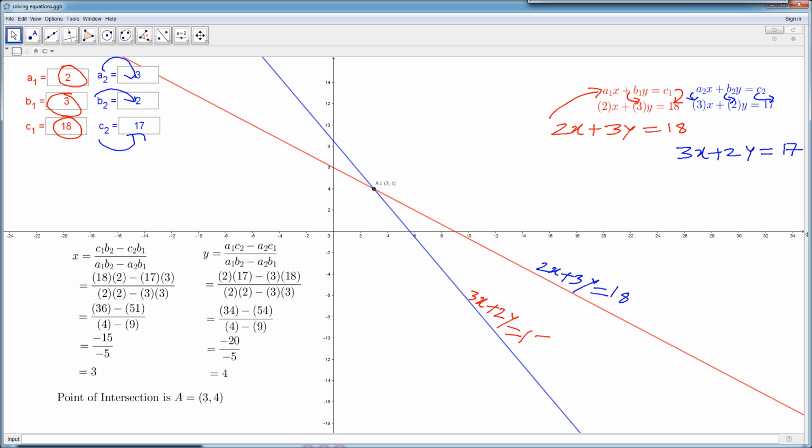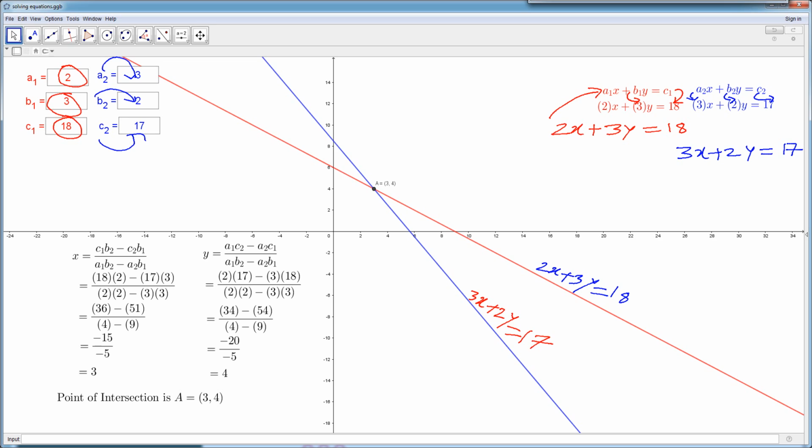How to plot these lines? We have seen in the previous lecture. In case you are not getting how to plot these lines, I request you to watch the previous video once again and see how these lines are being plotted.